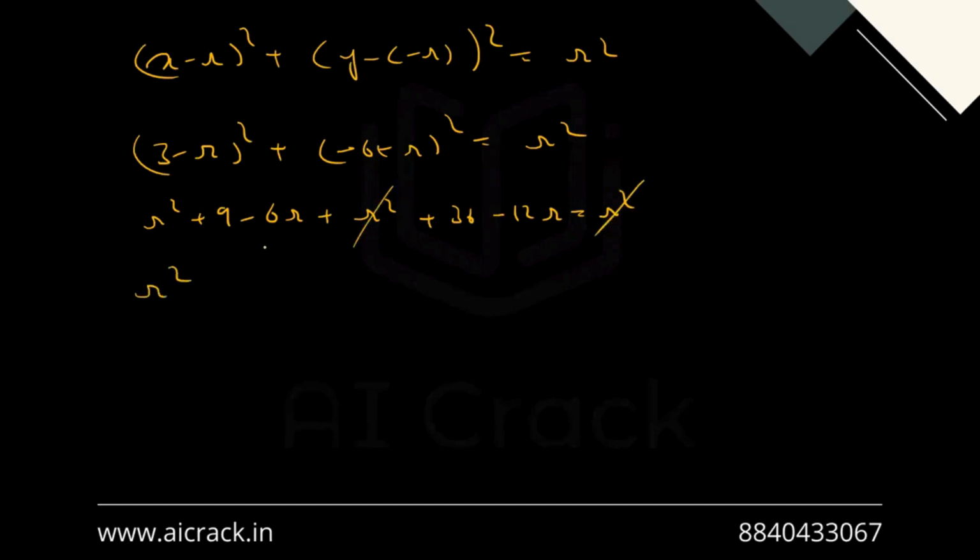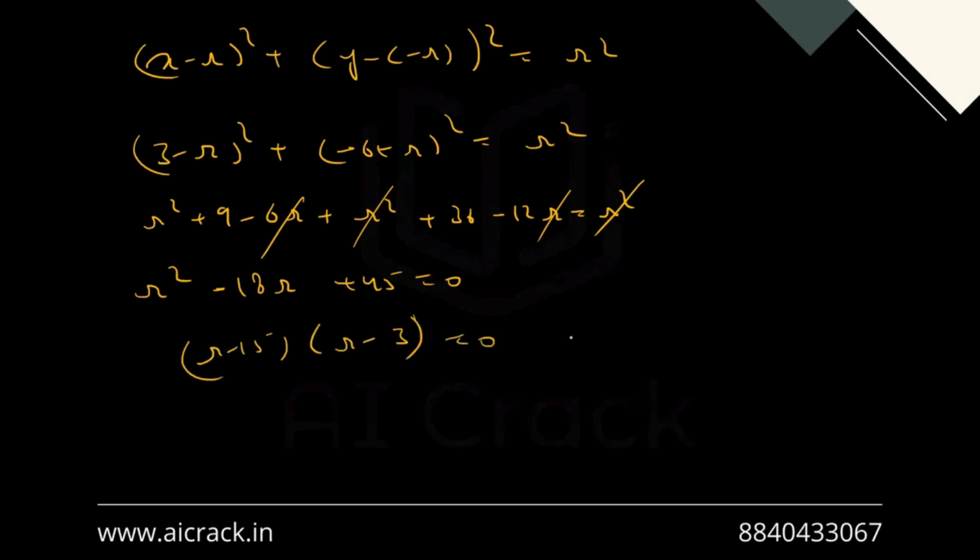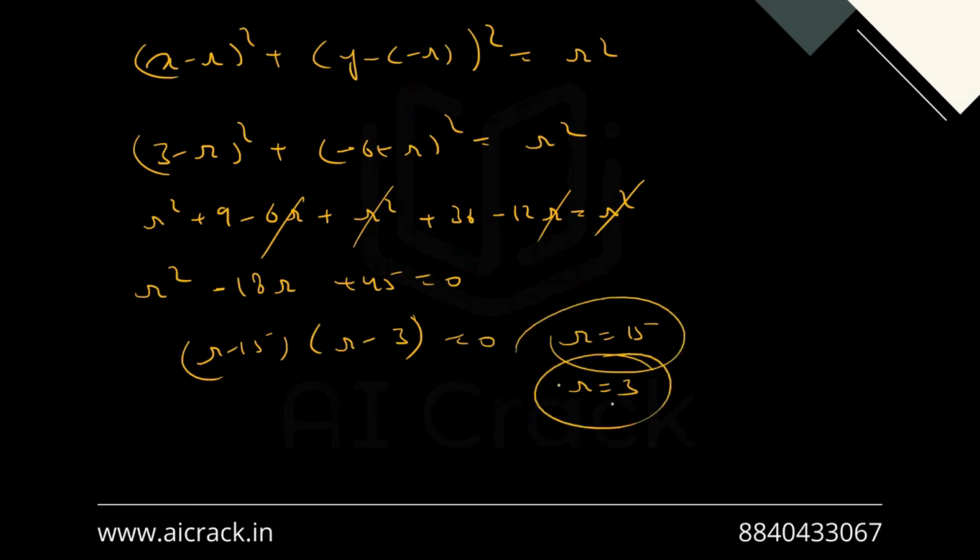We are left with r square minus 6r minus 12r, that becomes minus 18r, and 36 plus 9 becomes 45, equals 0. Now if I do the factorization, I'll be getting (r minus 15)(r minus 3) equals 0. So we're getting r equals 15 or r equals 3. Okay, so these are the two possible values of radius.